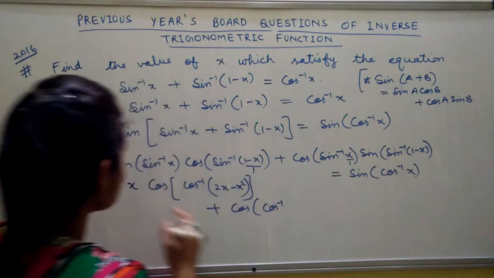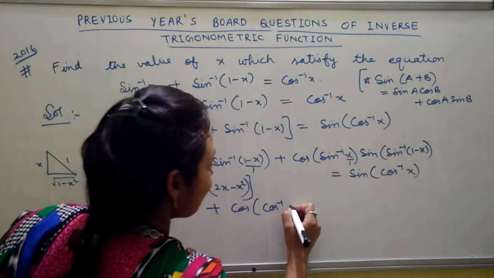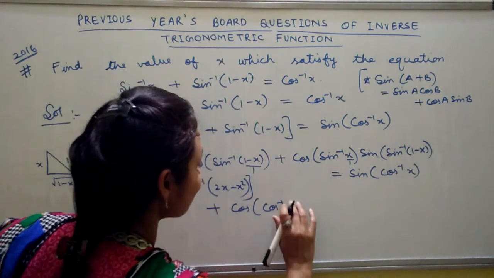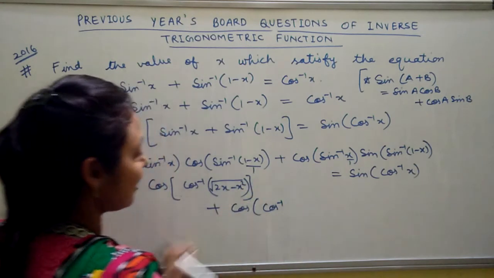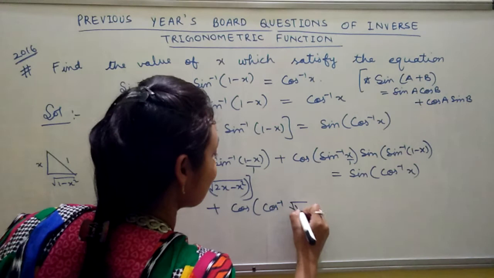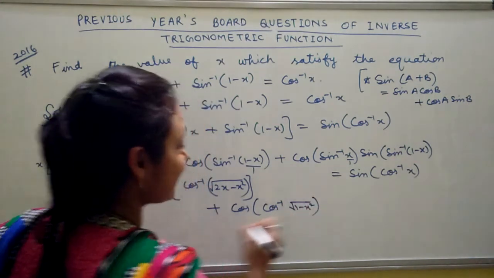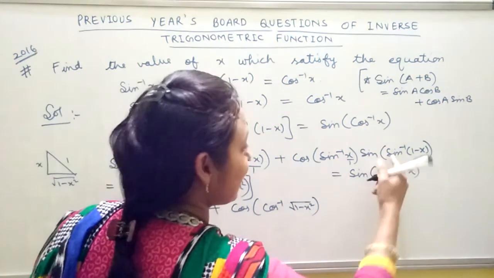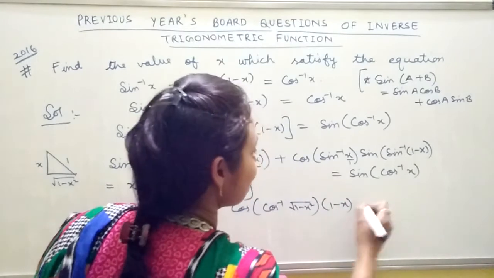cos inverse. This is 1 under root of, okay, I will take under root. I missed it. 1 minus under root of 1 minus x square, right? Sine and sine will cancel. It is cos 1 minus x.